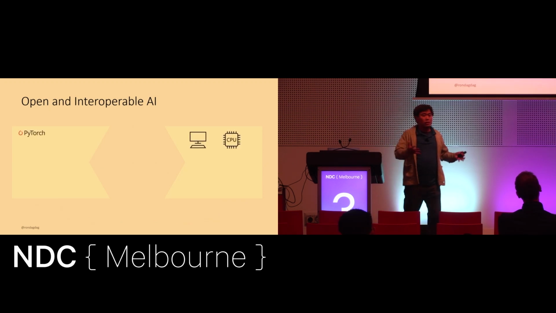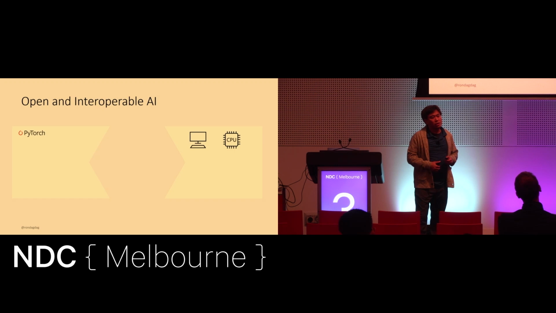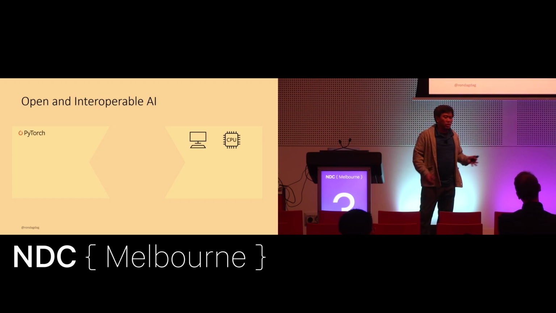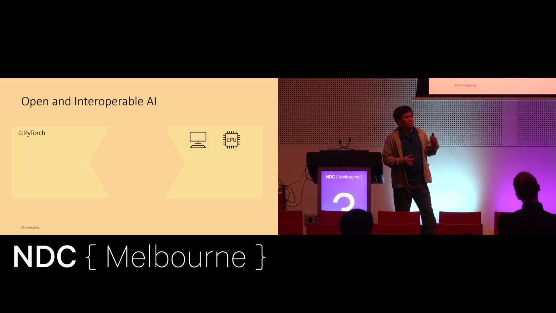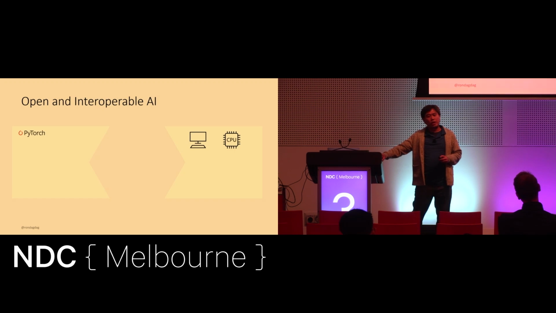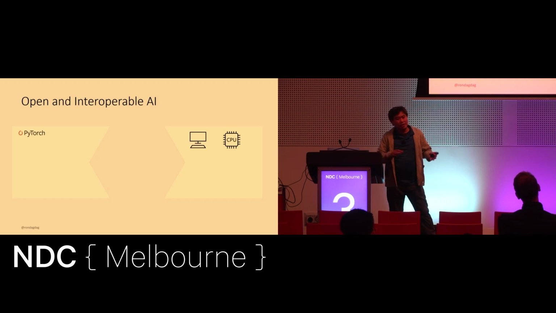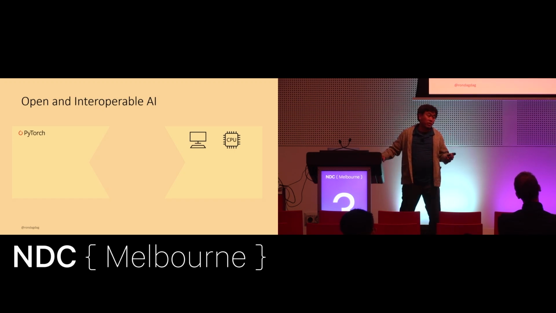Typically, if you are a data scientist, and a lot of data scientists these days know a lot of Python, they would use their favorite machine learning framework. In this case, let's say they train using PyTorch, and they run it locally on their machine.